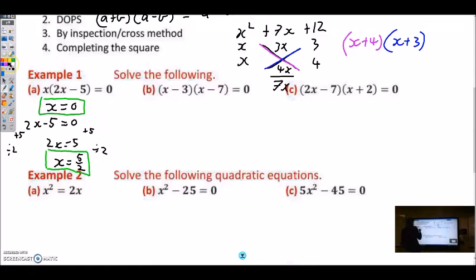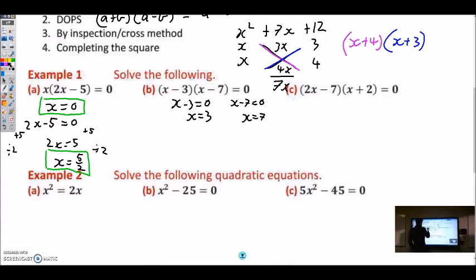Looking at our next example, B. Again, we have x minus 3 times x minus 7 equals 0. This means that either x minus 3 equals 0, in which case x equals 3, or x minus 7 equals 0, in which case x equals 7.